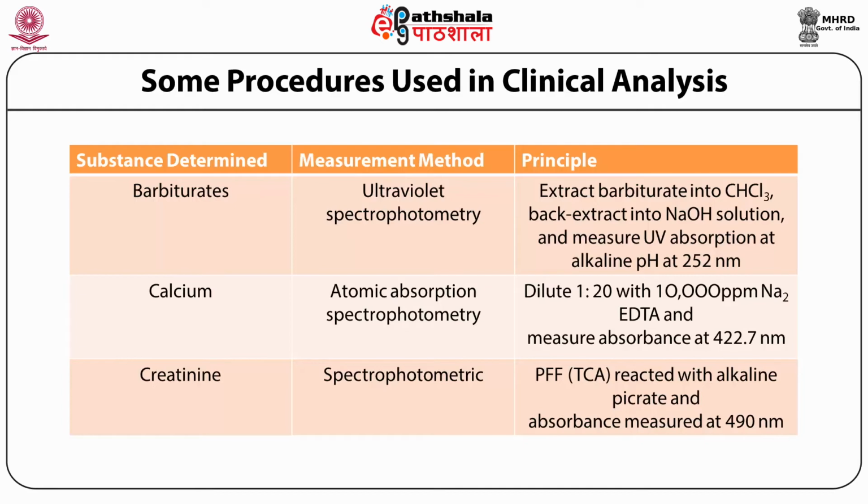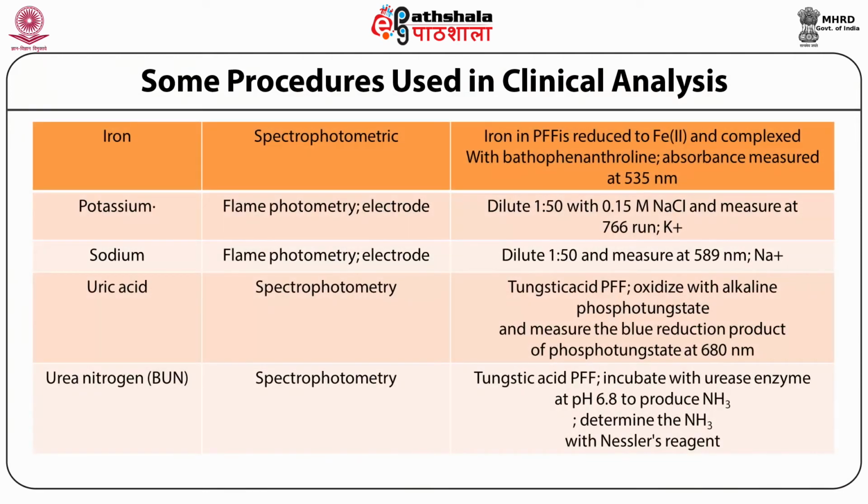Then creatinine is determined by spectrophotometric method. Then iron is determined by spectrophotometric method. Then potassium and sodium are determined by flame photometer or some ion selective electrode. And uric acid and urea nitrogen are determined by spectrophotometry using specific detection techniques.